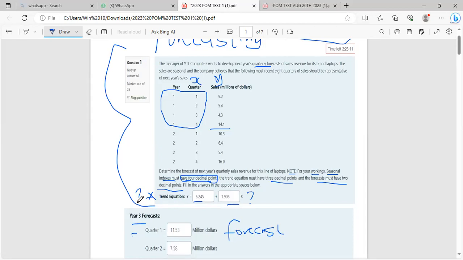So we need to move on to the other question, which is on inventory management.